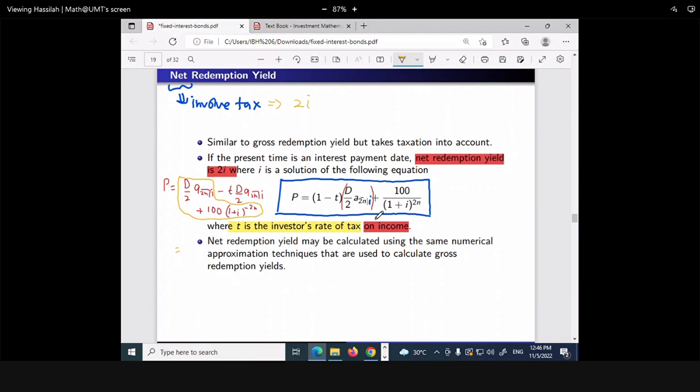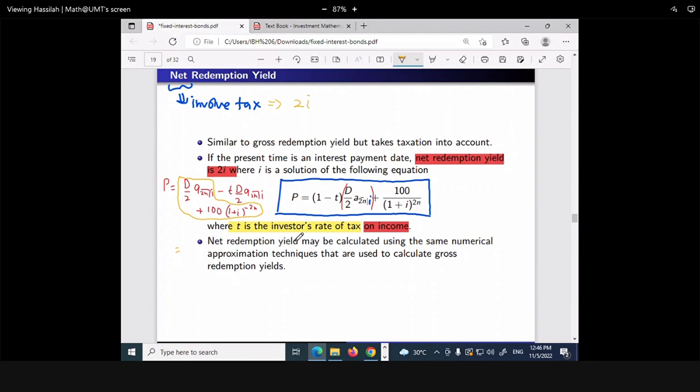There are times that, for instance, with a government bond, because the government would like to get some money from us, the government says those who purchase this bond are tax exempted. Then you don't use this formula.